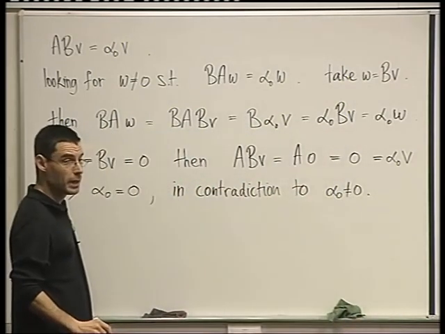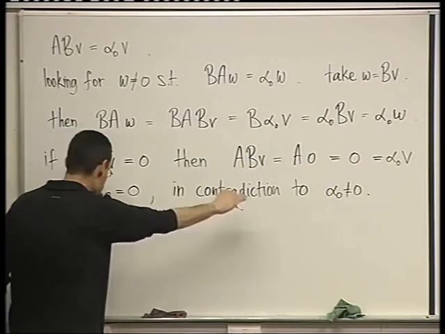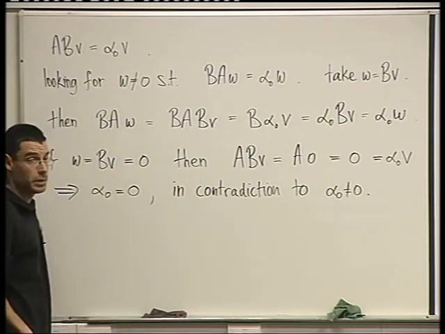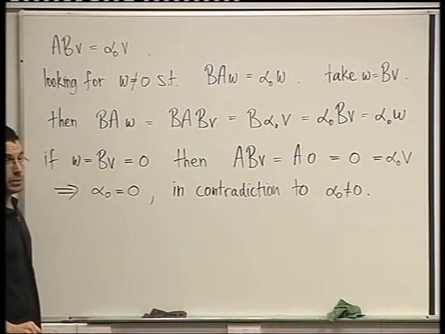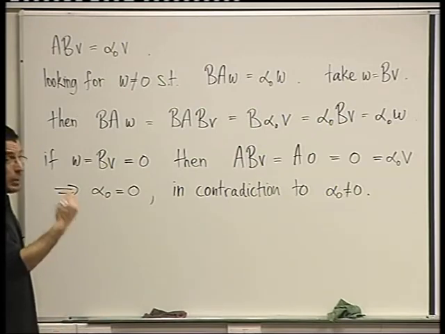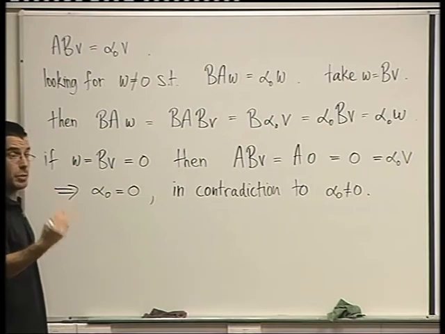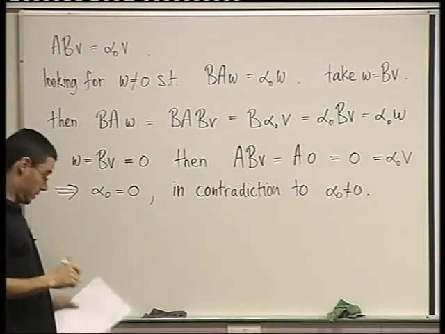Okay? So when alpha 0 is not 0, W is not 0, because if it were, it forces alpha 0 to be 0. Right?